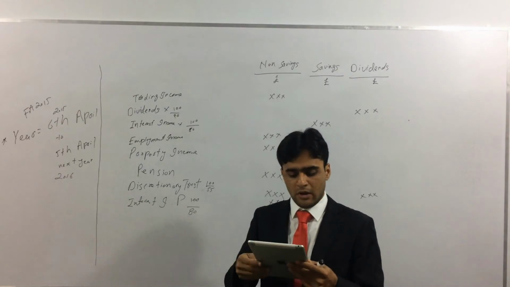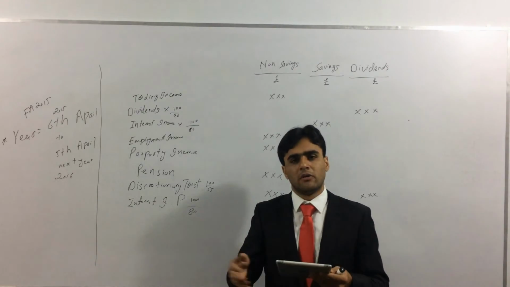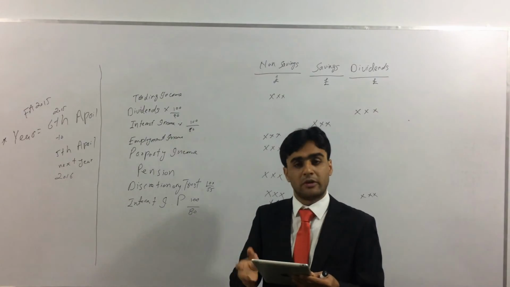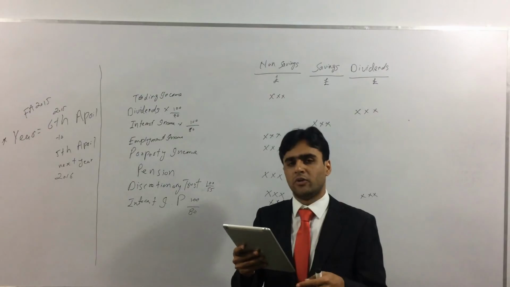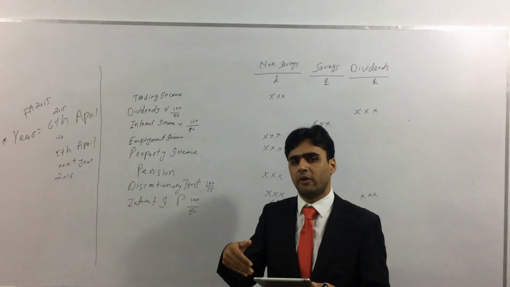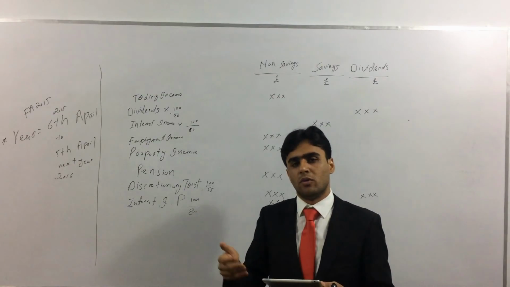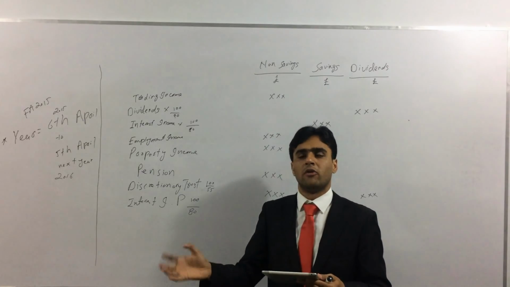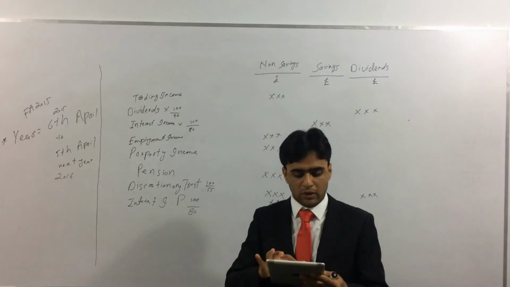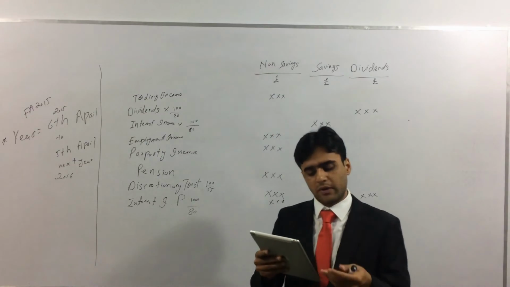I will give you a lecture on each of the schemes separately, because these are very important topics. But for now, these tax reducers are simply schemes where the government encourages you to put your savings into those schemes, so that the government in return gives you some relief. That's why these are given here.